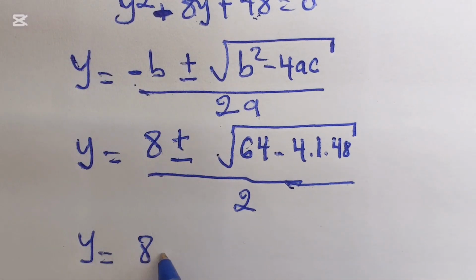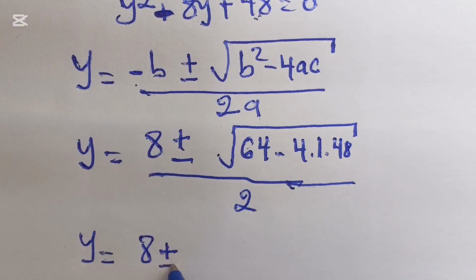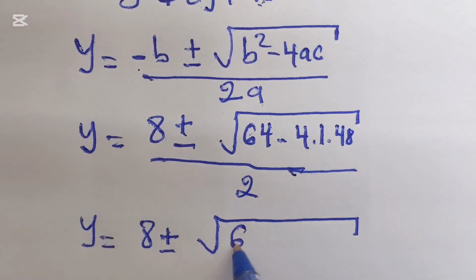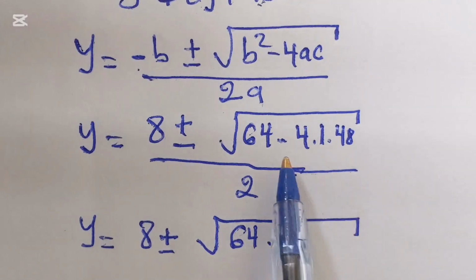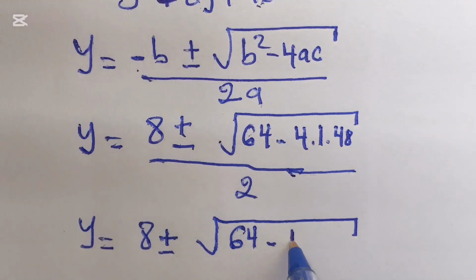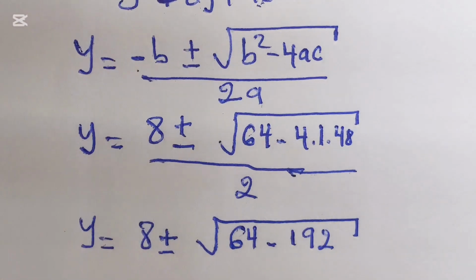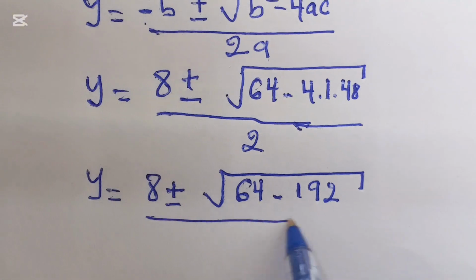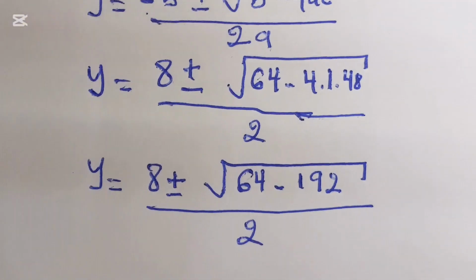4 times 48 is equal to 192, right, all over 2.